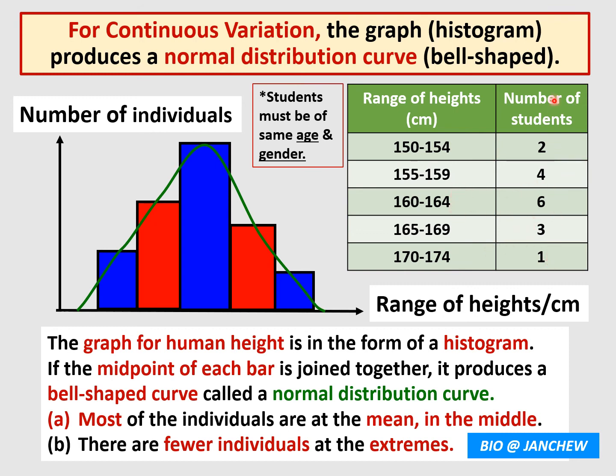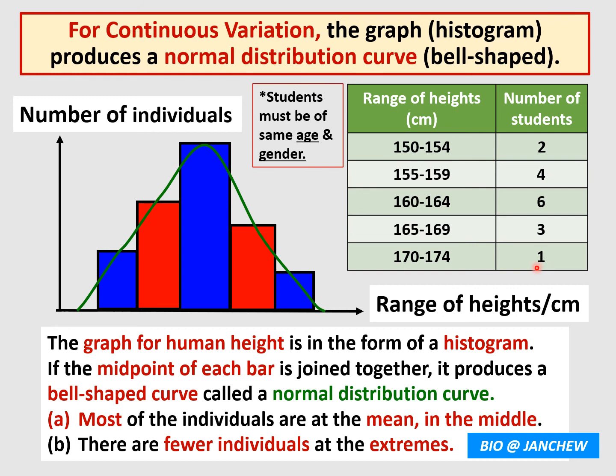So after getting the statistics here, one thing to remember is you must measure the heights of students from the same gender. That means all girls or all boys. We cannot mix them up because the values of height for the boys are different from that of the girls.